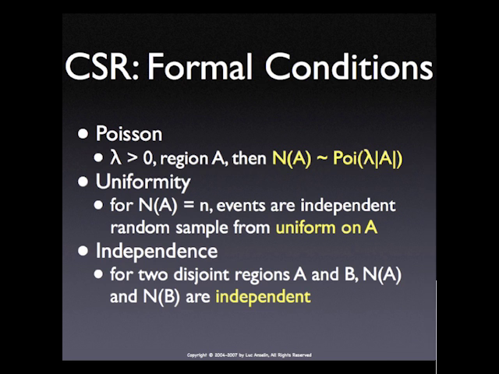Uniform distribution is a distribution that assigns equal probability to all possible locations, or, in general, to all possible values. But here we're interested in locations. We don't have any values. It's not a marked pattern. So every spot in our area has the same probability of landing an event. And that probability is driven by this Poisson distribution.